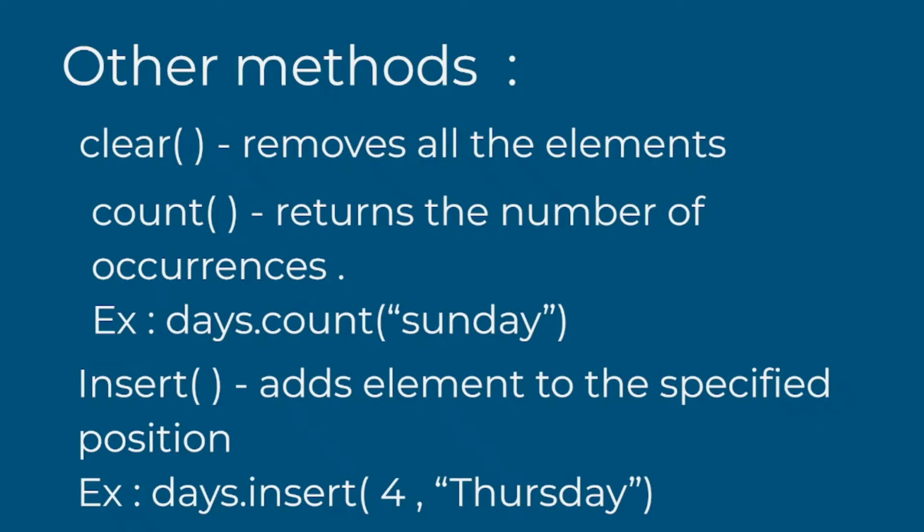If I write days.insert(4, Thursday), here 4 represents the index and Thursday represents the item to be added to the list. So after performing this operation, the list will contain 5 elements: Sunday, Monday, Tuesday, Wednesday, and Thursday. That is, Thursday will be added at index 4.